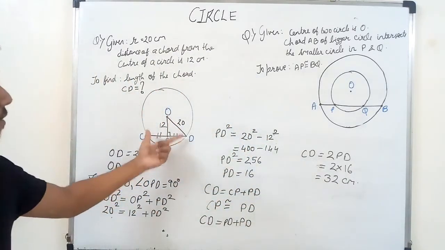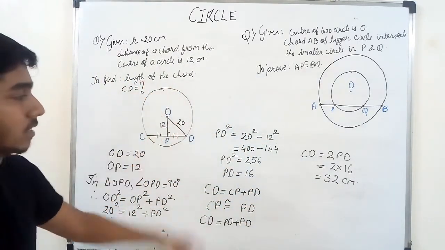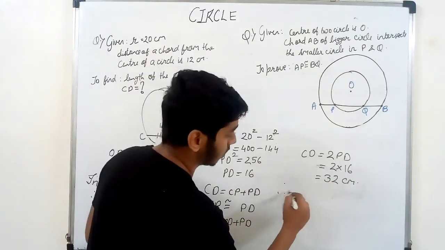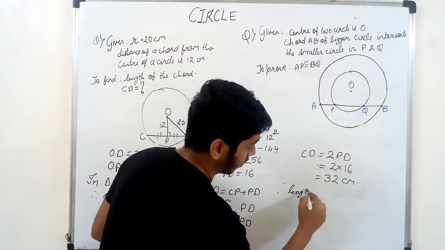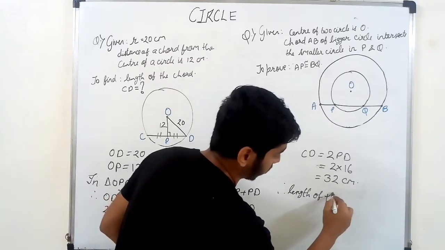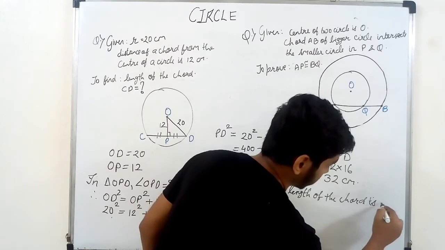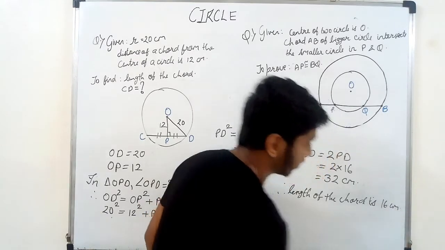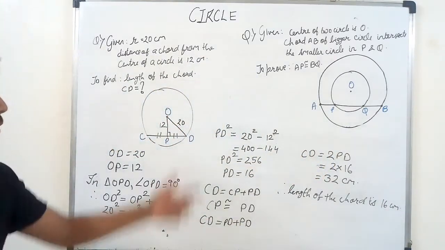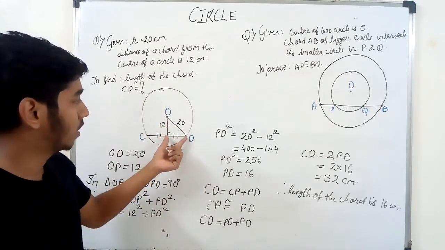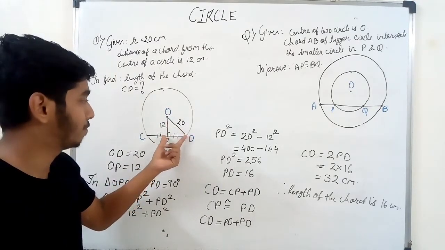So CD, the length of the chord, is 32 centimeter. So we'll say, therefore, length of the chord is 32 centimeter.